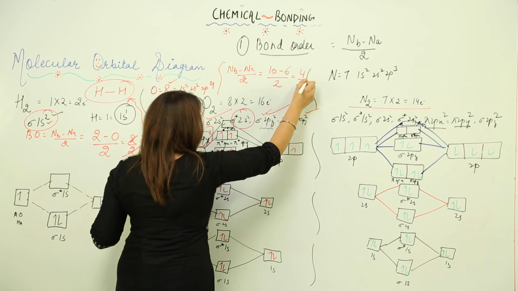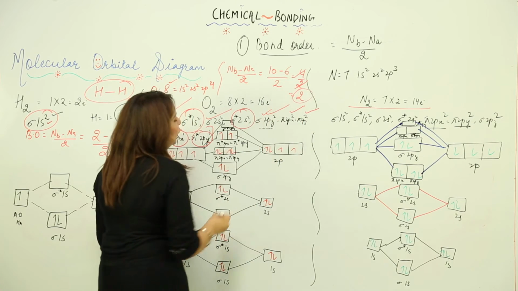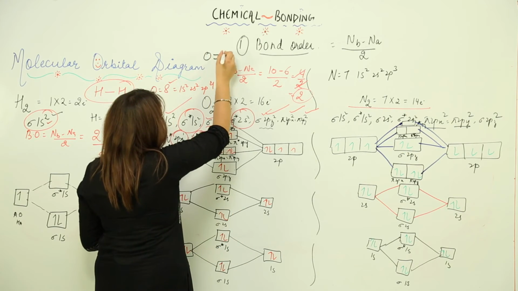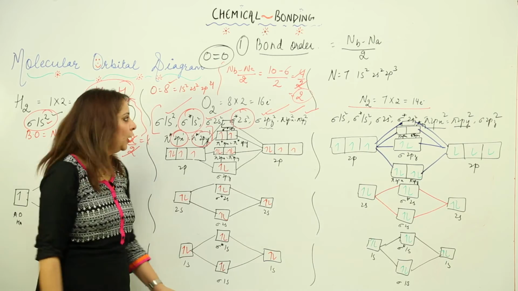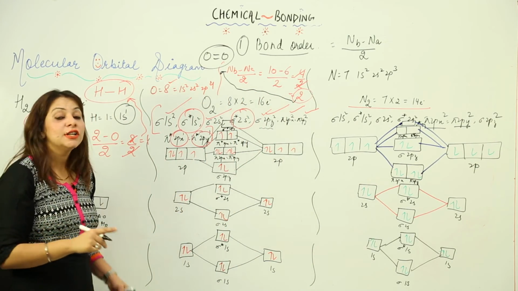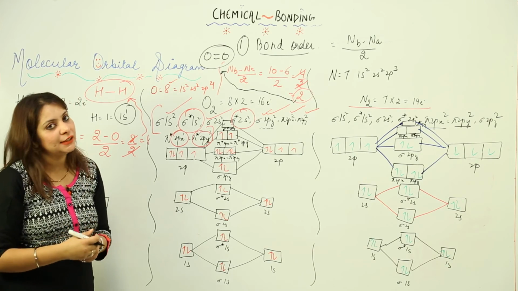So it comes out to be 2, and we already know that when an oxygen molecule is formed, a double bond is formed. We already did that when we were drawing the covalent bond. So here you can see that bond order is matching up with the number of bonds. So it indicates how many bonds are present in a molecule.